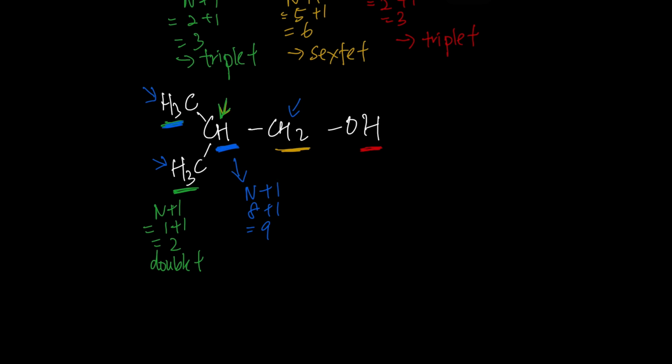Let's look at the next one. For this proton, the neighbor proton will be 1. We don't count this as a neighbor proton for this proton, because we only consider the neighbor proton when it is attached to carbon. This proton is not considered a neighbor proton because it is attached to oxygen.